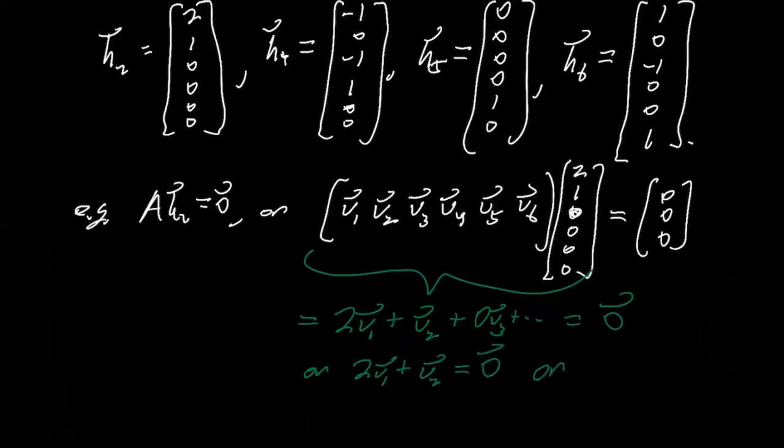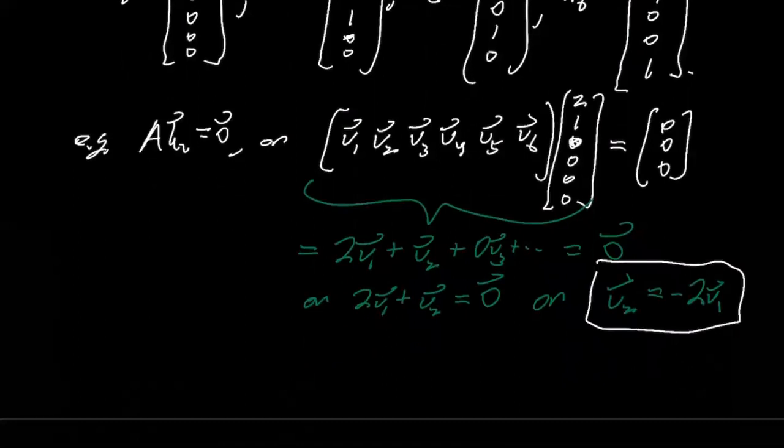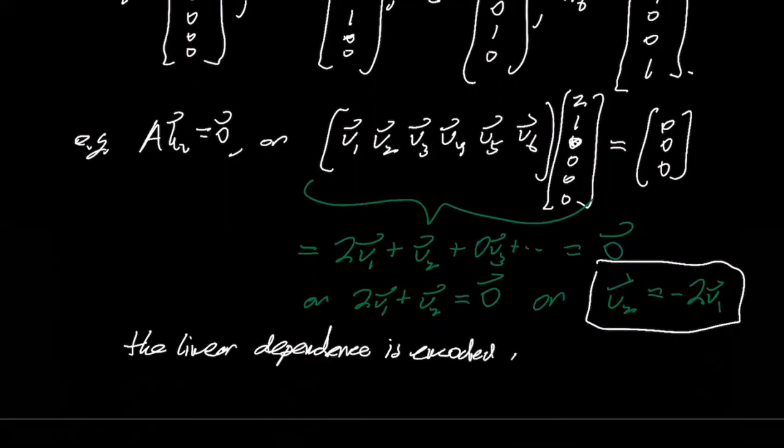Or v2 is minus 2v1. So in fact, we've recovered the linear dependence. The linear dependence is encoded in H2.